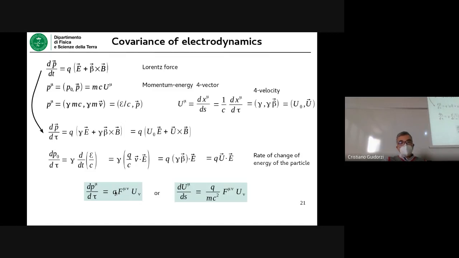And an equivalent way of expressing this, if you exploit that the four-momentum here is also mc times the four-velocity, you replace here, you gain a factor of mc, and then if you divide both sides by an extra c, you have c d tau is ds, the invariant interval, and here you have mc squared.